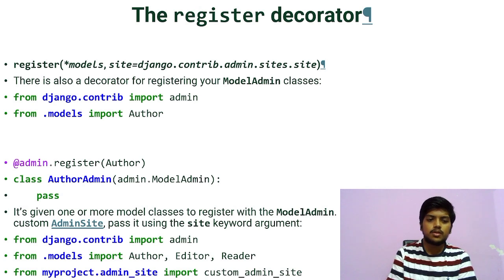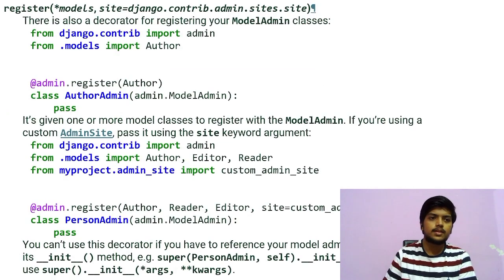from django.contrib import admin, from .models import Author, from myproject.admin import custom_admin_site, register(Author, site=custom_admin_site). There is also a decorator for registering your ModelAdmin classes: from django.contrib import admin, from .models import Author, @admin.register(Author), class AuthorAdmin(admin.ModelAdmin): pass.